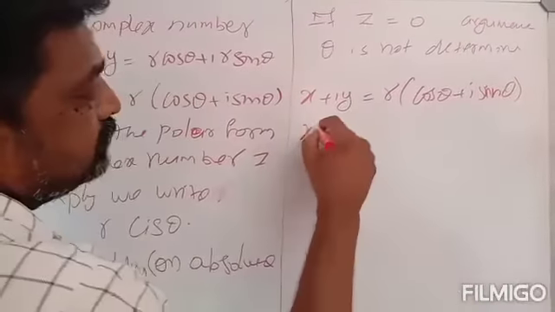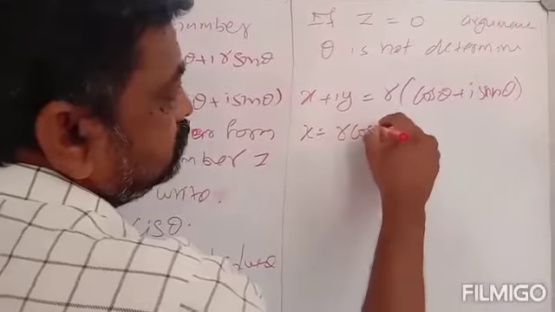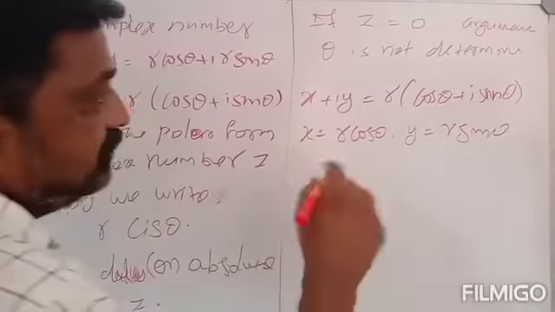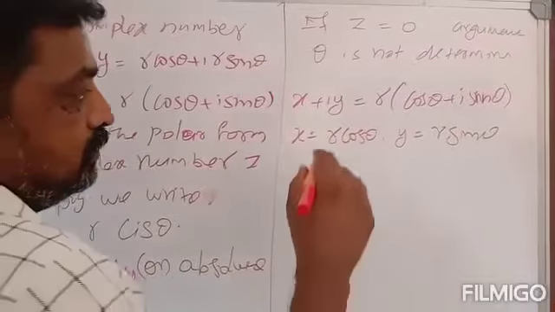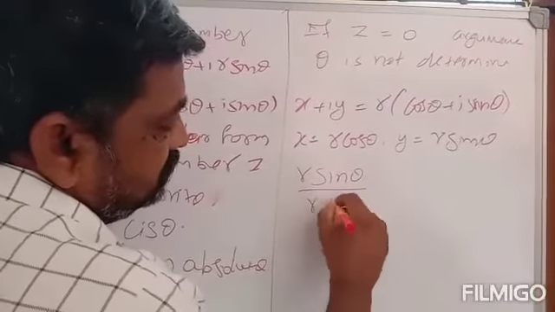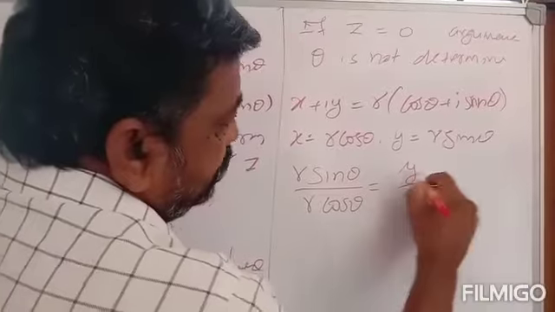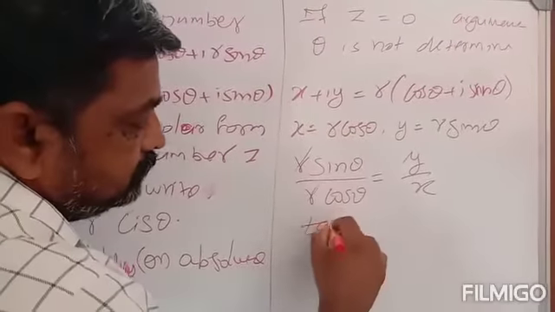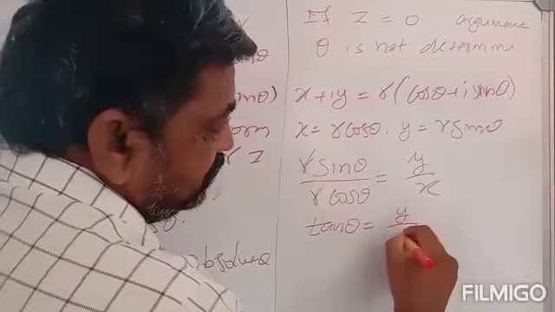So x equals r cos theta and y equals r sin theta. So we get r sin theta by r cos theta equals y by x. The r cancels, so tan theta equals y by x.